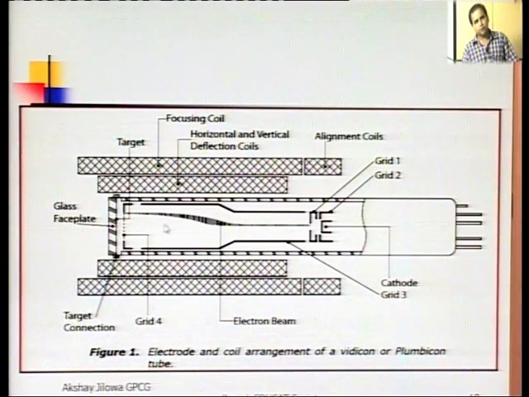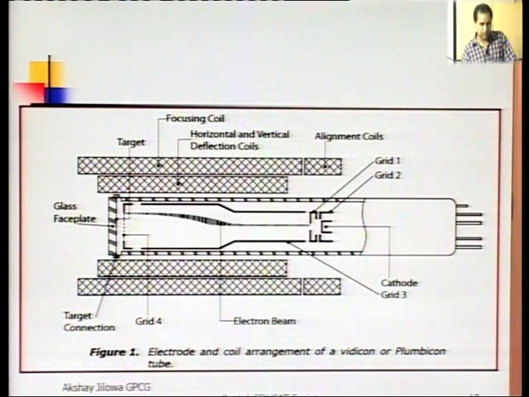It has to be deflected so that the electron beam is at the top, and when we scan the very first pixel of the target, it has to be at the extreme left hand corner. So the top left hand corner is pixel number 1.